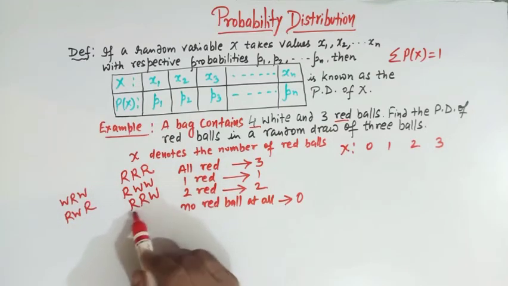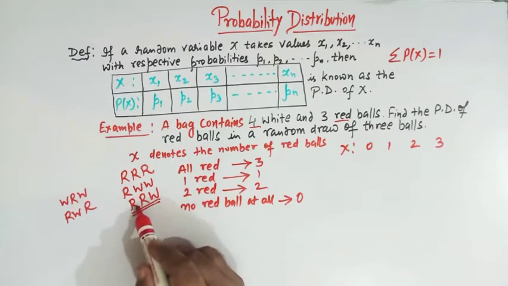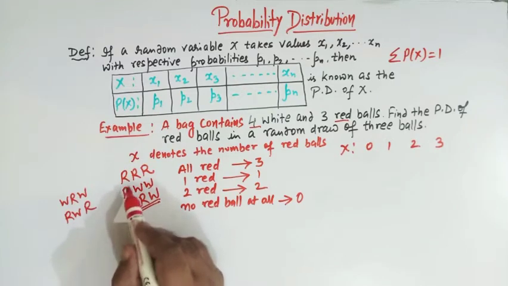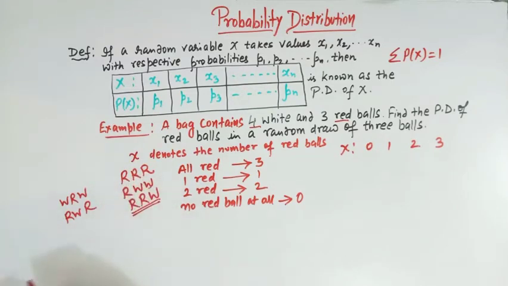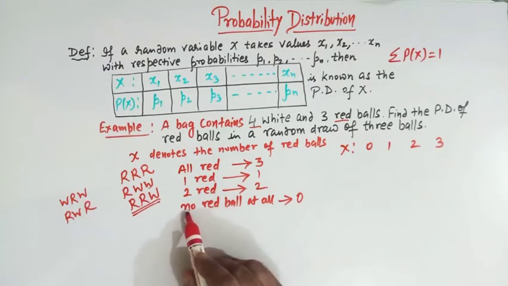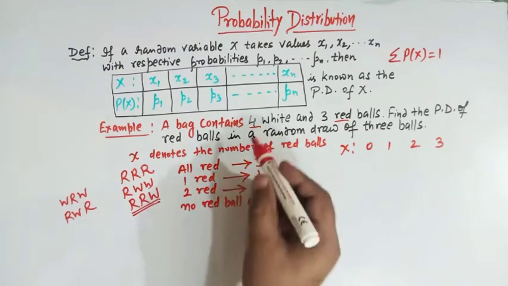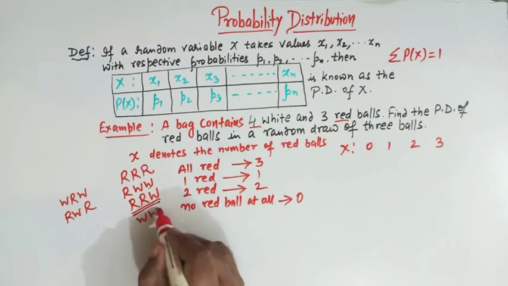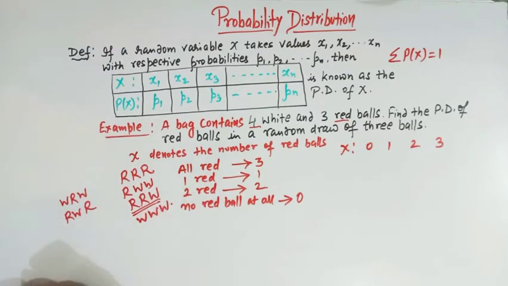And when we have no red ball at all, we'll have the event W, W and W, right?